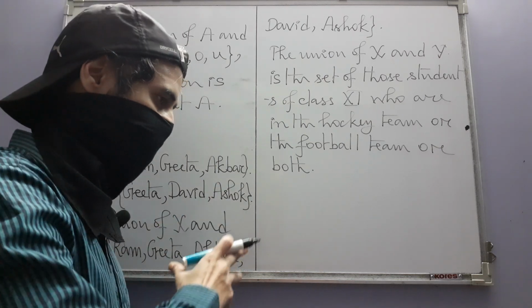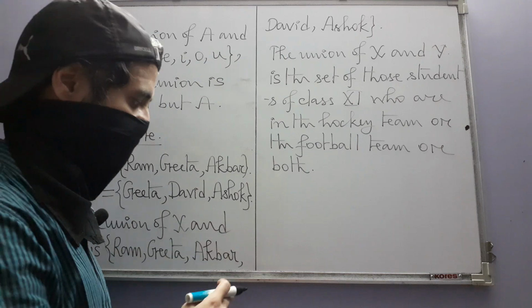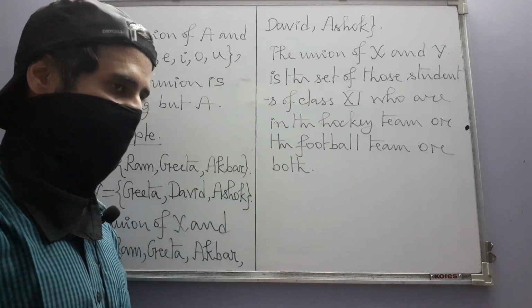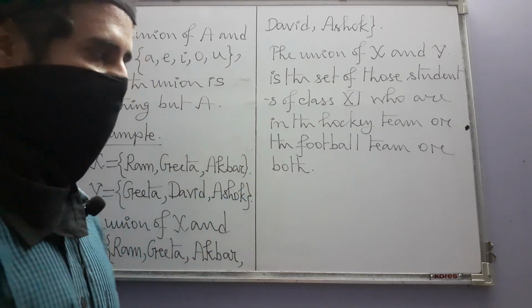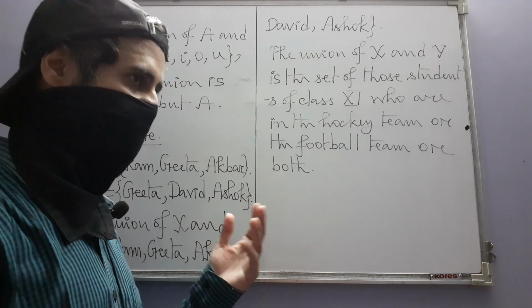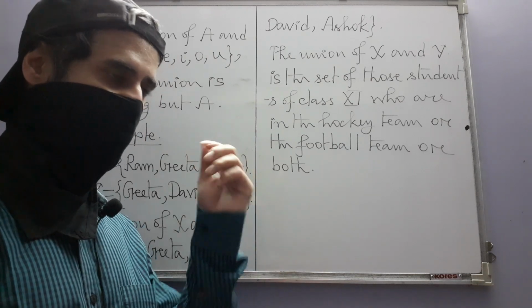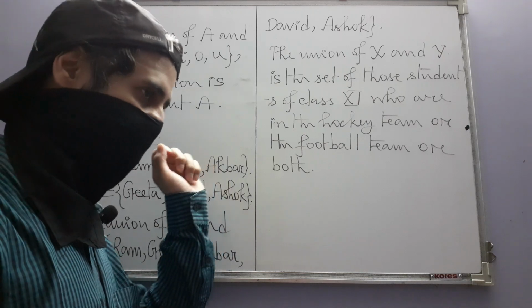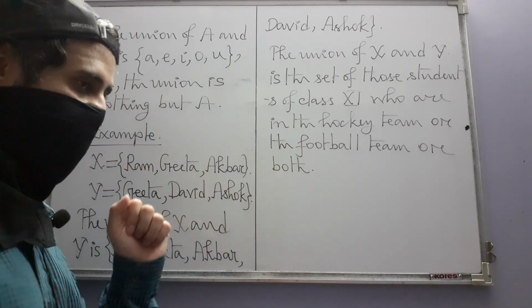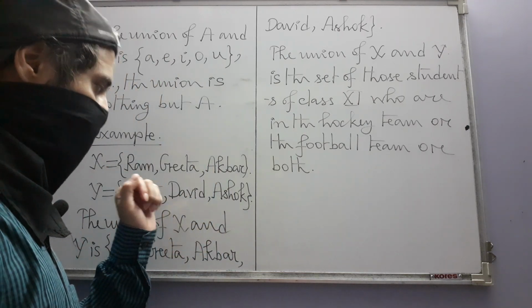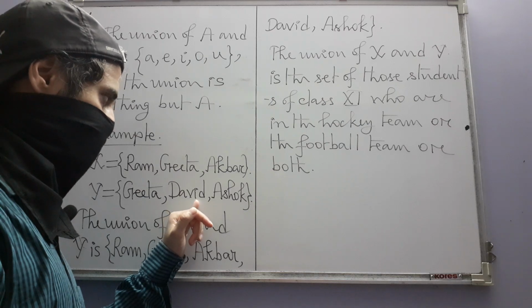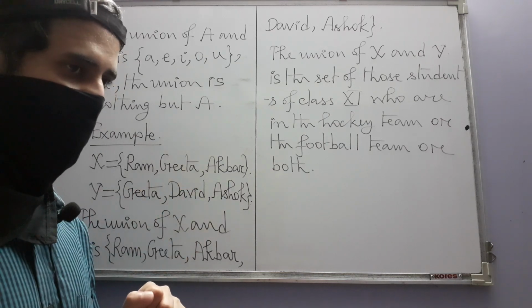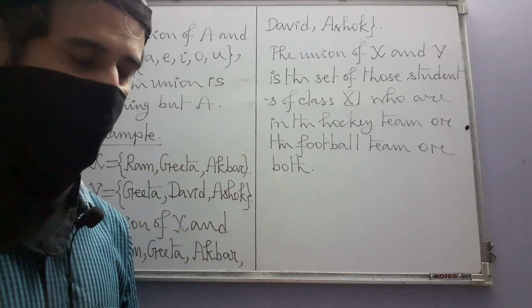Instead of saying that it's the set of all the elements of X together with all the elements of Y, we can also say that it is the set of those elements which are either in X, for example Ram, or in Y, for example David, or in both, like Geeta.